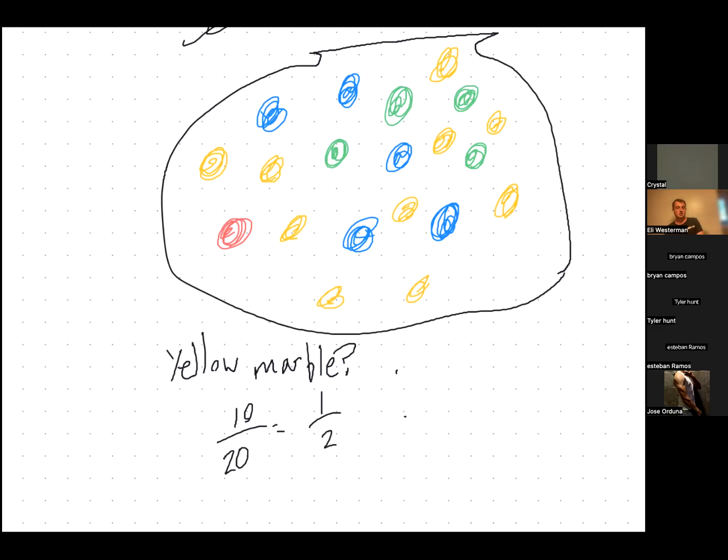Now, finally, let's try blue marble. What's the chance of a blue marble? So you all tell me this. Got one answer in. Good.